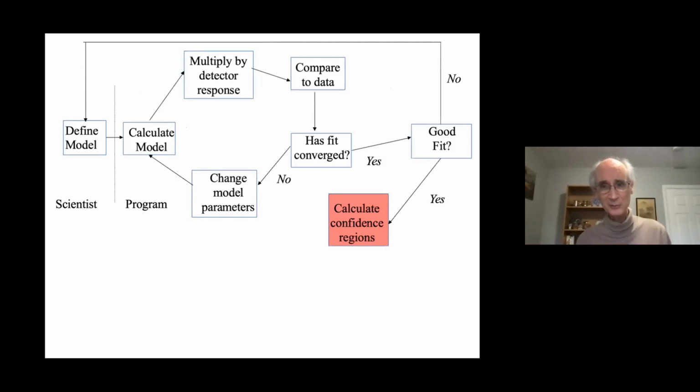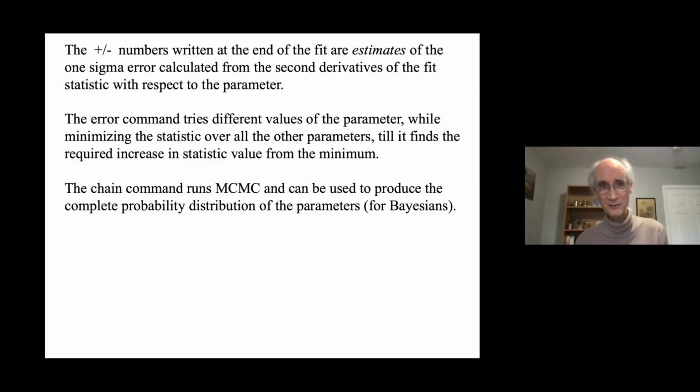Okay, and then there's calculating confidence regions. So what we've done is what is called a point estimate, which is basically we've got the best fit with these particular parameter values, but what's the range over which they're reasonable?